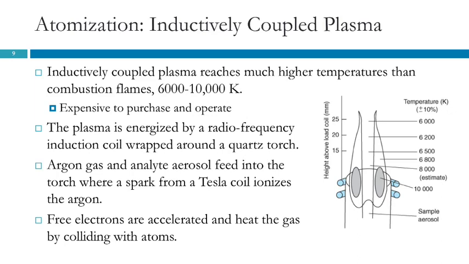Made into an aerosol in argon gas, is going to feed through this torch, and then the plasma will be lit with a spark from a Tesla coil that ionizes the argon. Free electrons then are accelerated, and they heat the gas by colliding with atoms. It was kind of a strange process, but you get this really, really hot plasma.